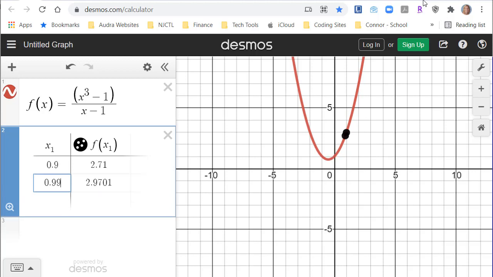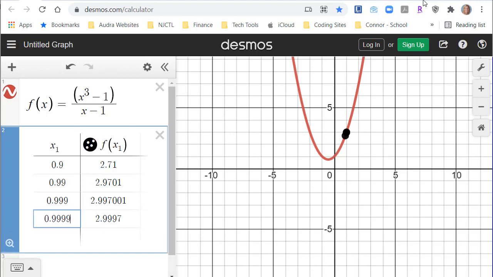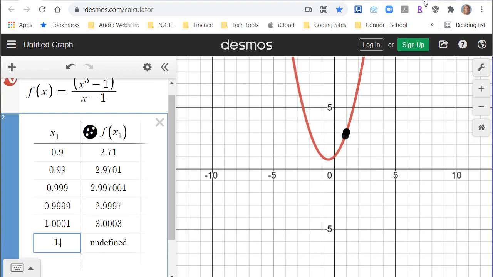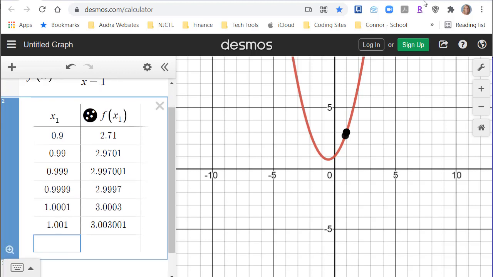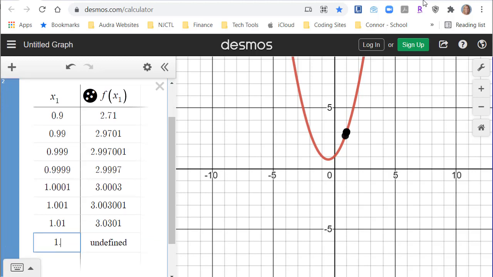Second one was 99/100, 999/1,000, 9,999/10,000. I'm going to skip over 1, and we'll do 1 1/10,000th, 1 1/1,000th, 1 1/100th, and 1 1/10th.